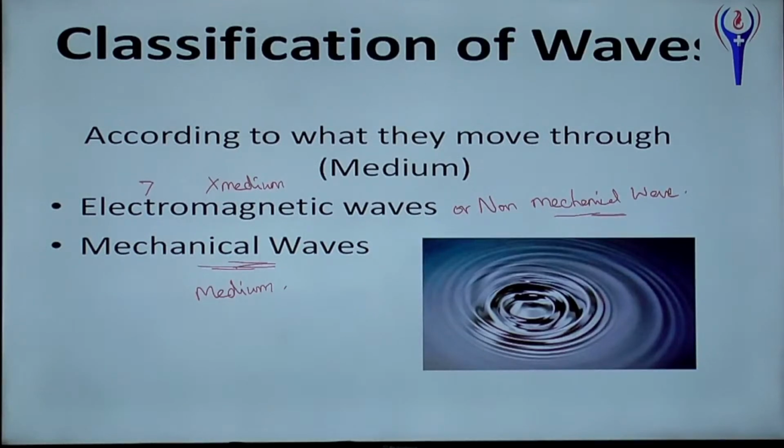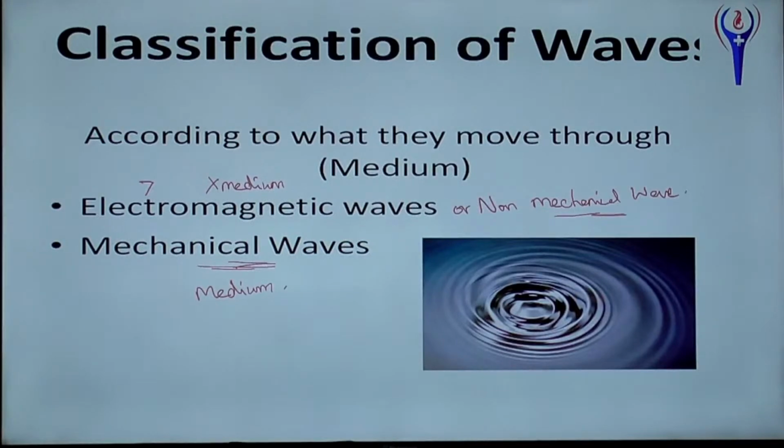Sound wave is a mechanical wave. That's why it requires a material medium. Suppose there is no air in space, then you can't hear my voice. But light is an electromagnetic wave. So if there is free space or vacuum, you can still receive the light energy.